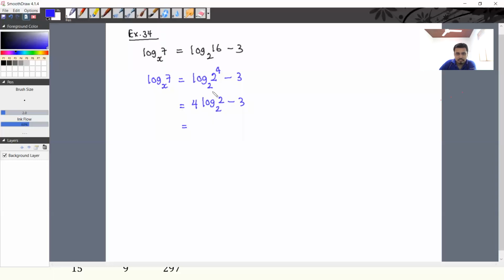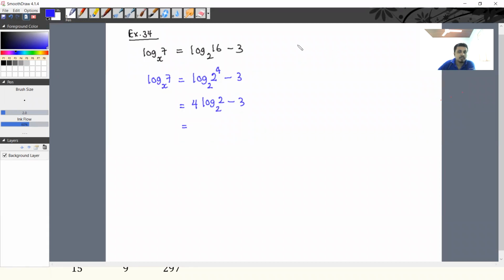What does this remind you of? Log of 2 to the base 2. The argument and the base value are the same. Then the answer should always be equal to what? This is one of the key properties that we have discussed.